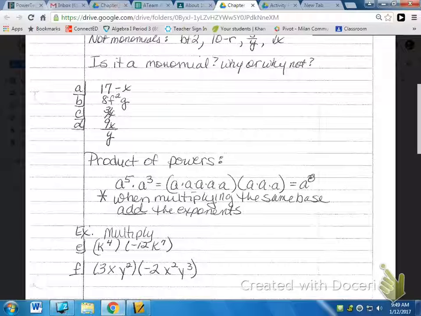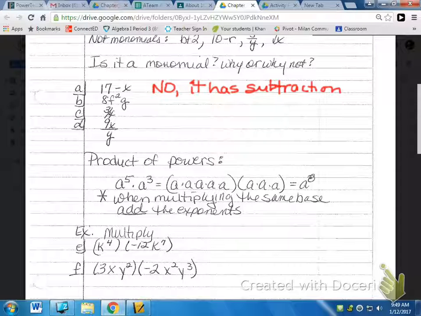No, and the reason is it has subtraction. The only thing that is allowed with these is multiplication. So since it has a subtraction, it really isn't a monomial.